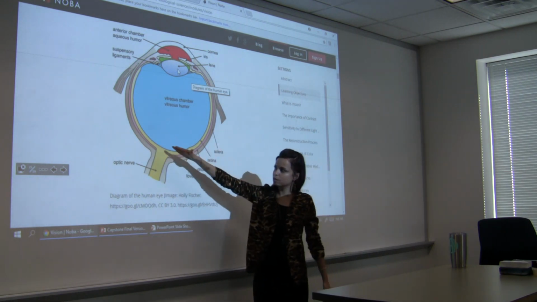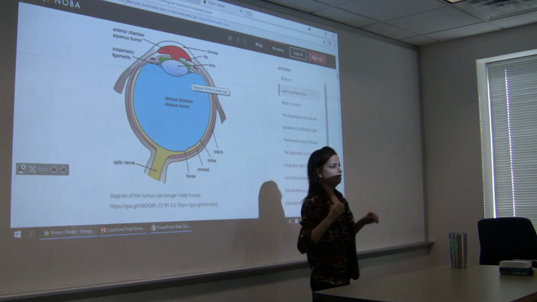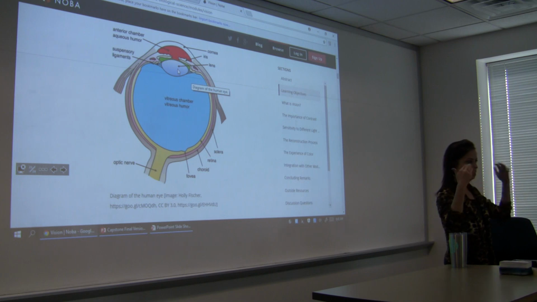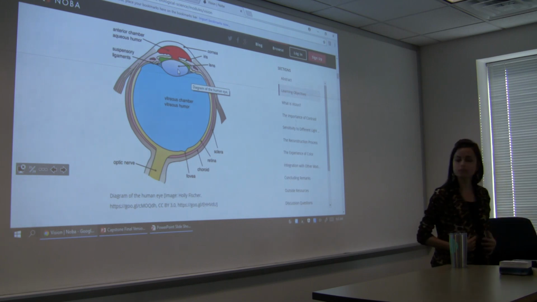And on the back portion of your eyeball here, all along this part, you have cells that are specialized to receive that light that's coming in, and that's how we can process what we see. If you're colorblind, it's because you have different cells in the back of your eye compared to other individuals.